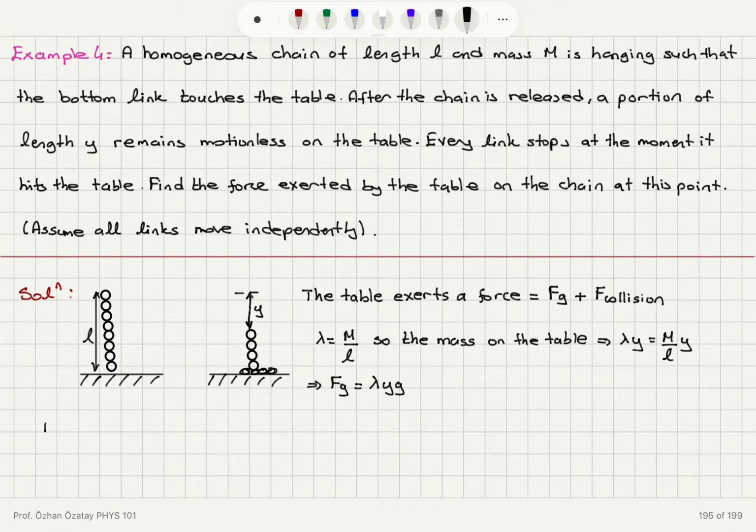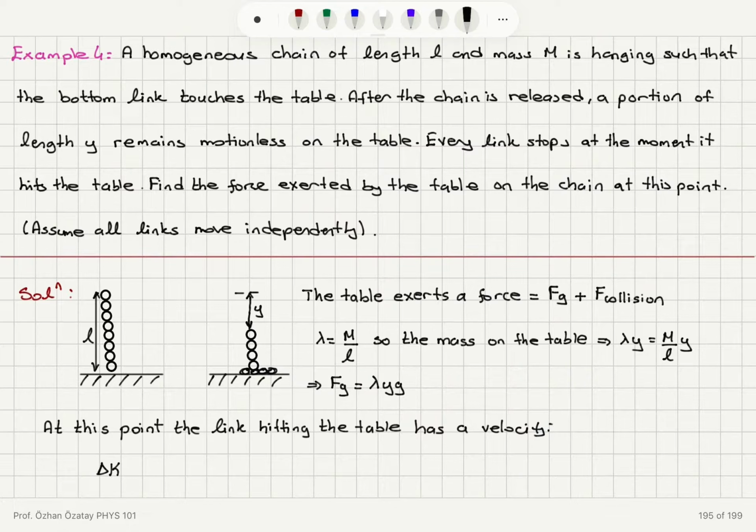So at this point, when we have a portion of the chain that has a length y sitting on the table, the link hitting the table has a velocity that is given by the conservation of mechanical energy, because we're neglecting air friction here.